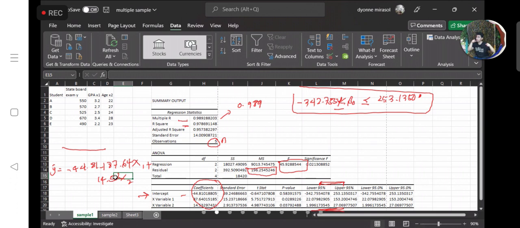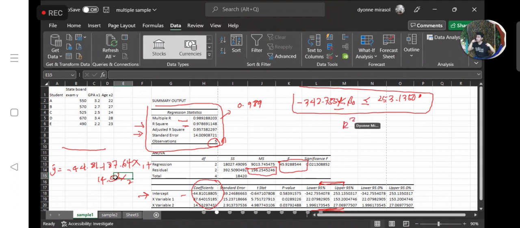So in the regression statistics part, it gives the r squared and adjusted r squared. So what do r squared and adjusted r squared mean? Same with simple linear regression, r squared is still the coefficient of determination.